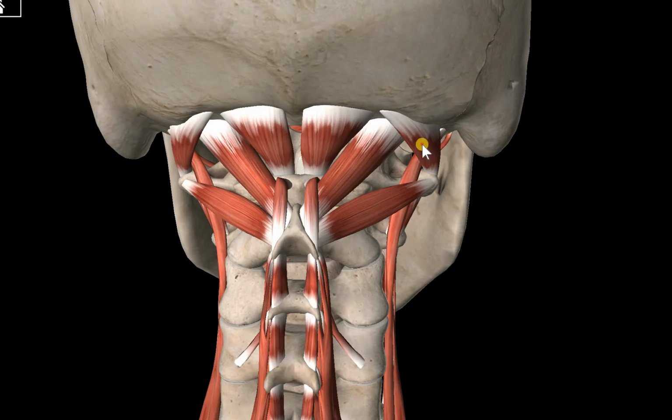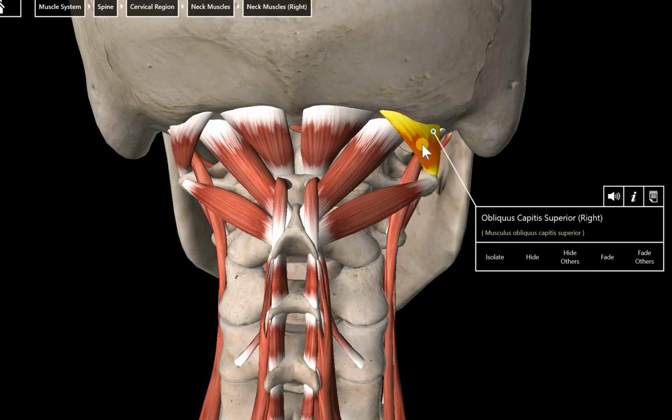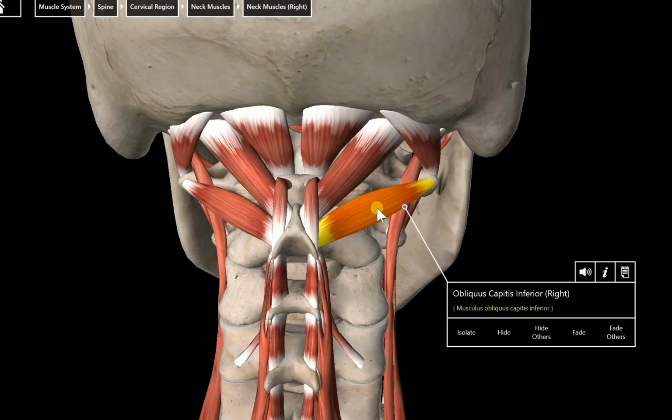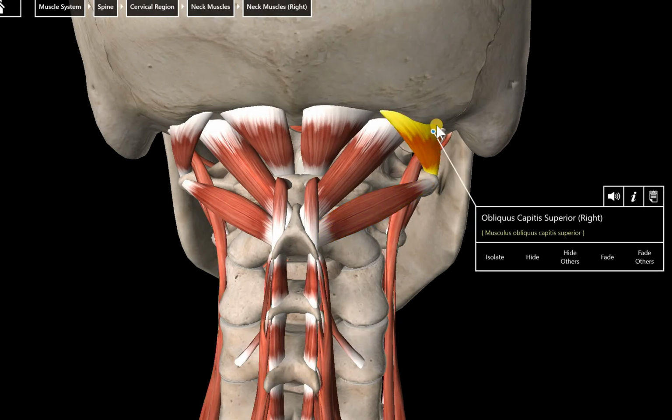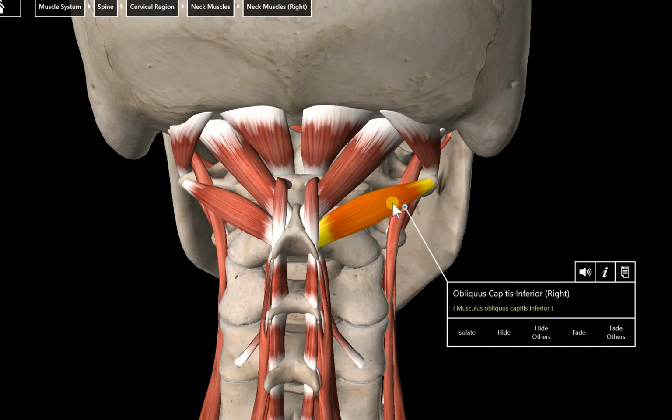Next we have the obliquus capitis superior, and then later we're going to do the obliquus capitis inferior. Superior because this is on top, and inferior because this one is down below.